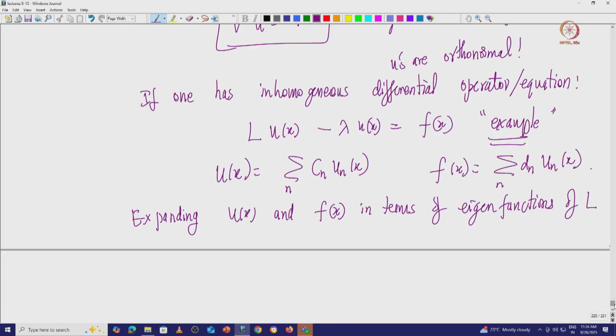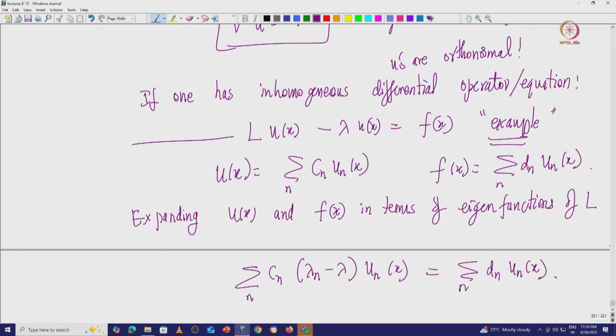This gives me the relation sum over n of Cn (lambda n minus lambda) un(x) is equal to sum over n of dn un(x). So this entire relation is given in this particular fashion.